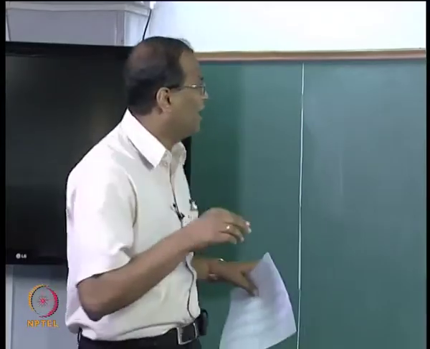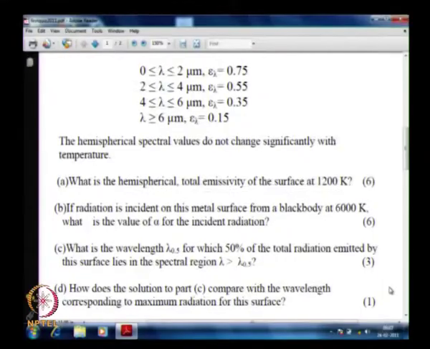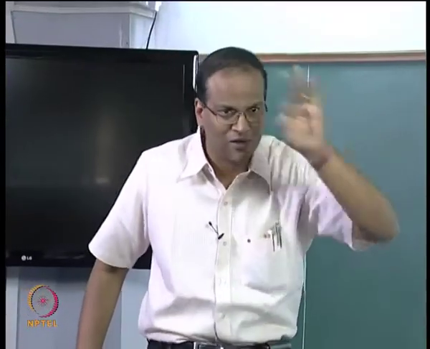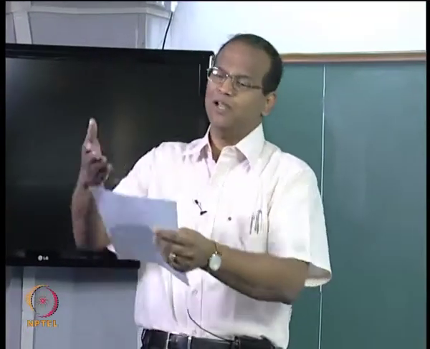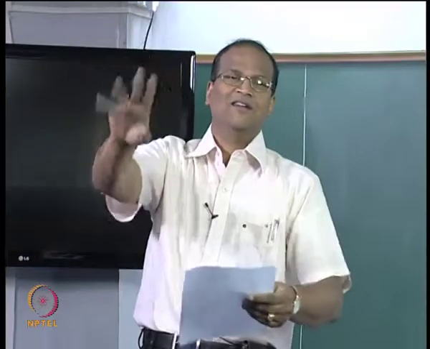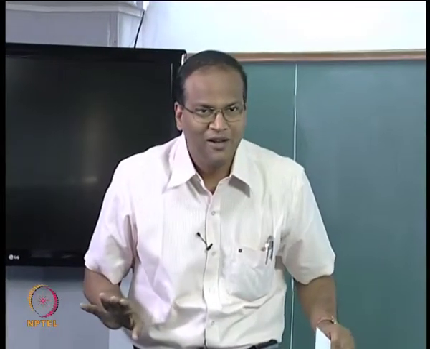That is perfectly okay if you have a black body or a grey body. But the funda now is that this body has a funny distribution. Though the F function remains the same as the black body, its contribution varies in the various wavelength bands because epsilon 1 is not equal to epsilon 2 is not equal to epsilon 3. So you must first understand the futility of simply taking 0.5 in the last column and saying this is 50%. Are you getting the point?